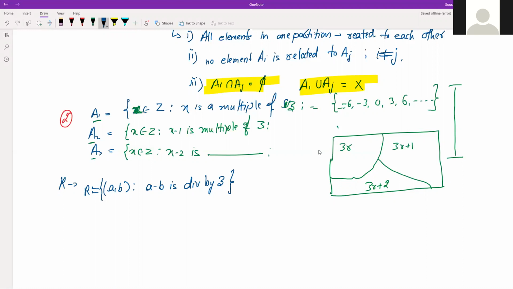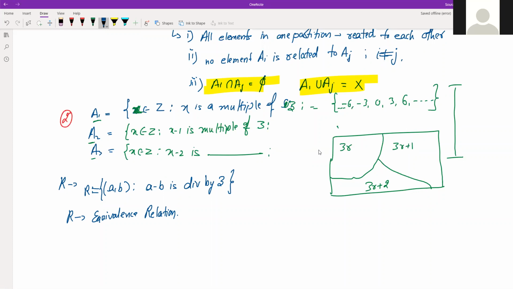So it is reflexive, symmetric, and transitive. So what does that say about R? That it is an equivalence relation. So now we know that R is an equivalence relation.